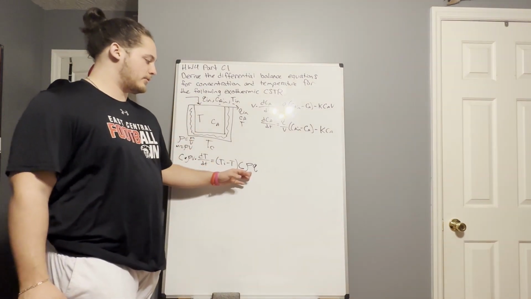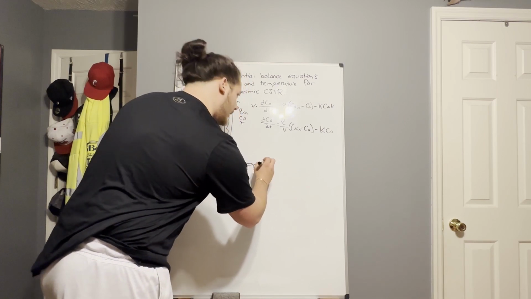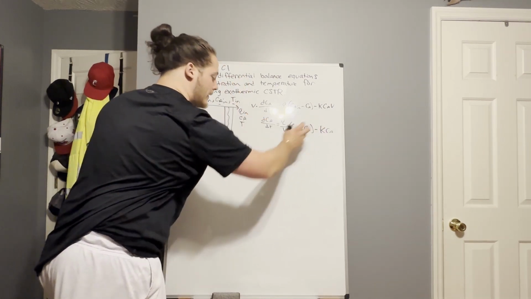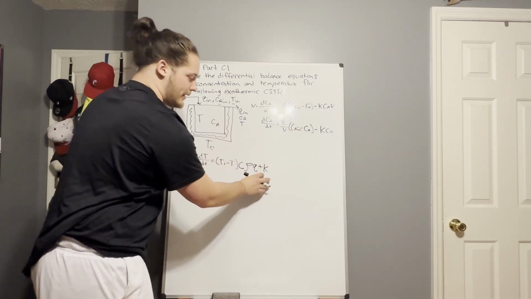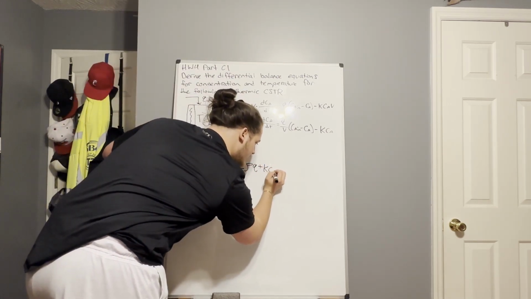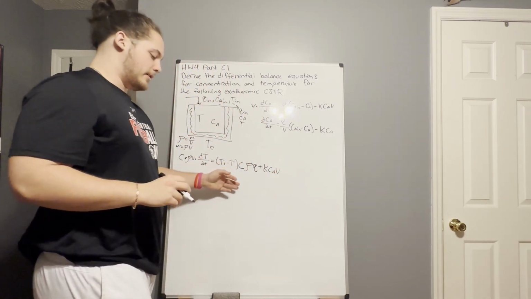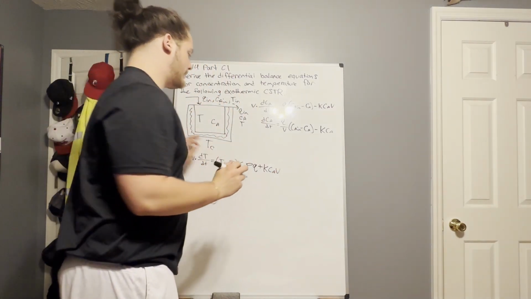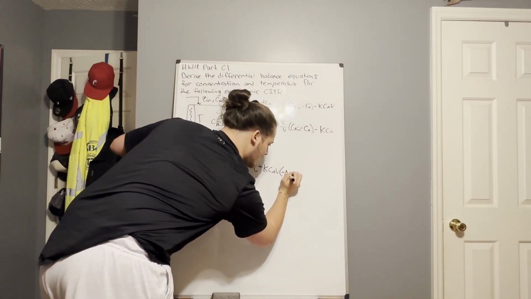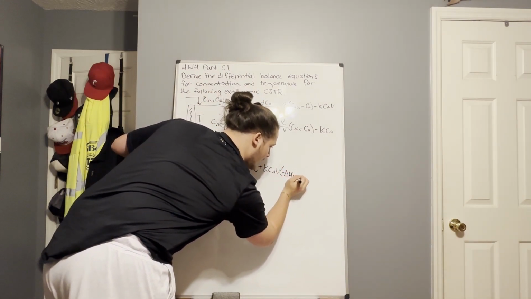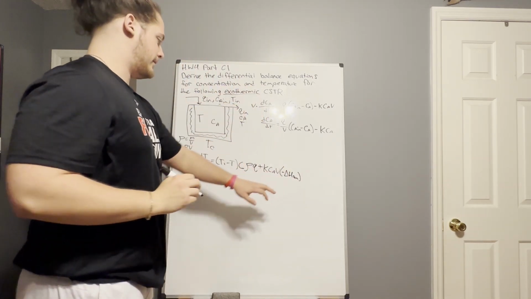So after we do this, we are going to then add, as we did up here, our K for the heat jacket, the K times the concentration times the volume, and then here we are going to be multiplying by the negative heat of our reaction. Due to it being exothermic, it is negative.